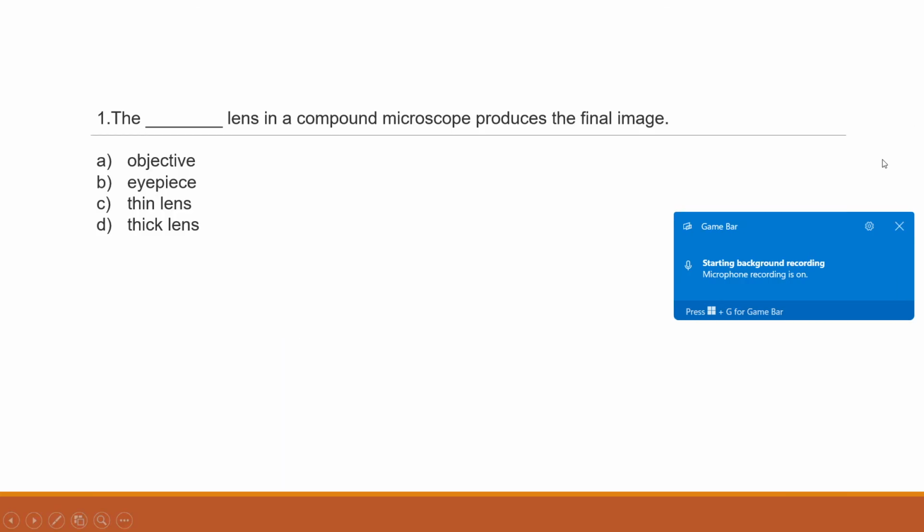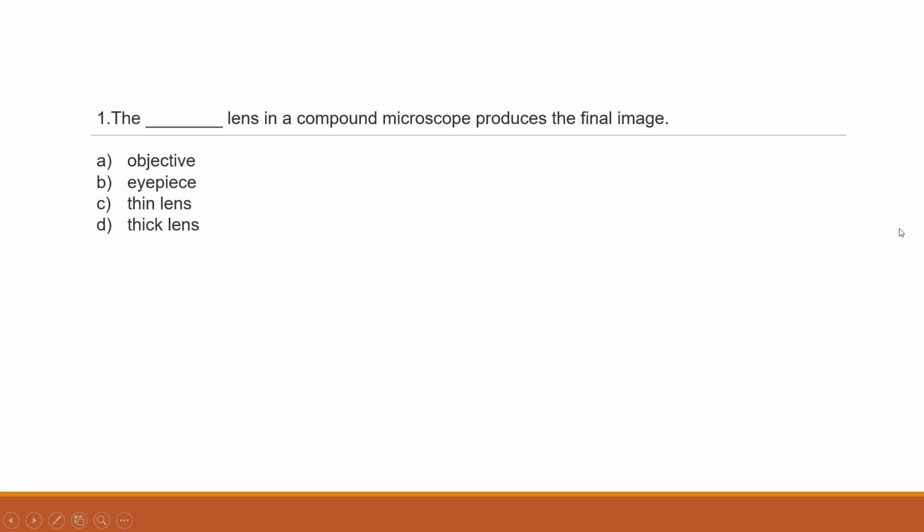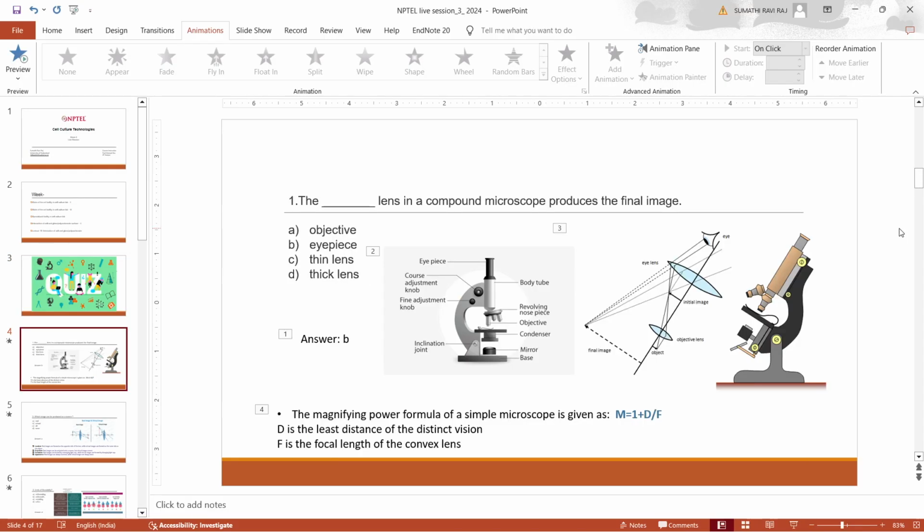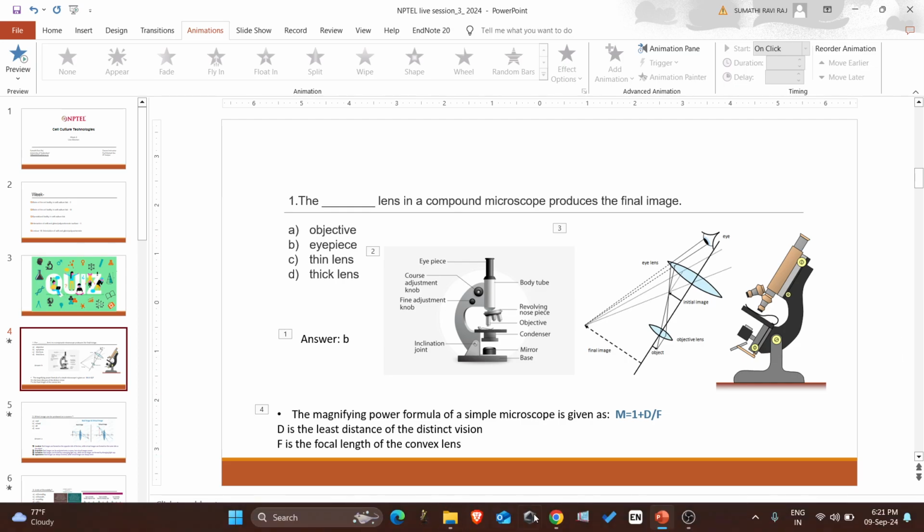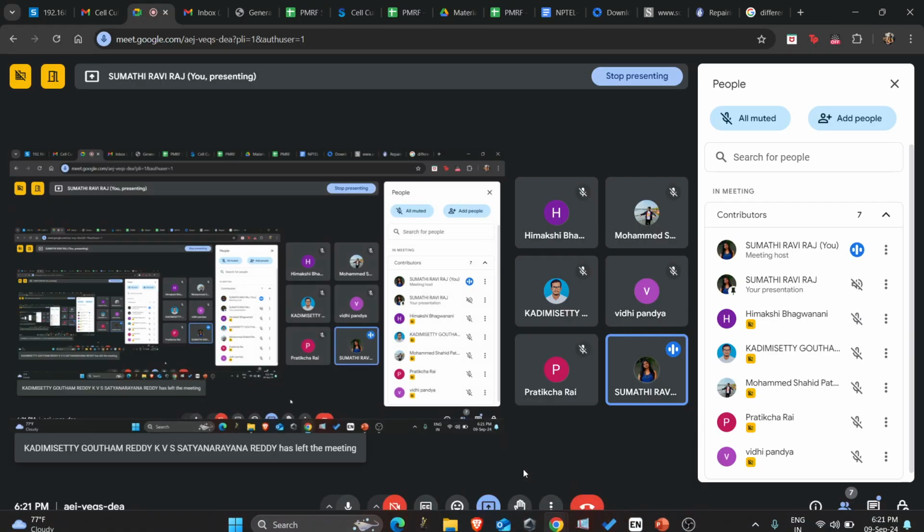So the first question was: the dash lens in a compound microscope produces the final image: objective, eyepiece, thin lens, thick lens. The answer is... Somebody was about to talk. Anyone? I even showed the answer now.